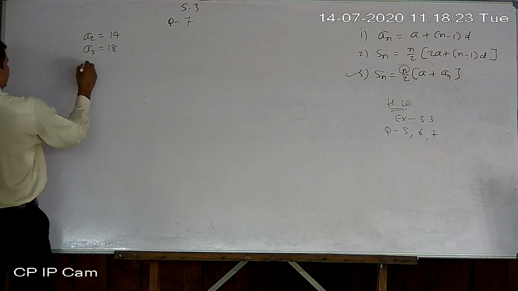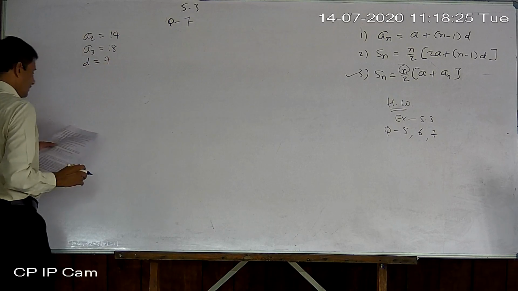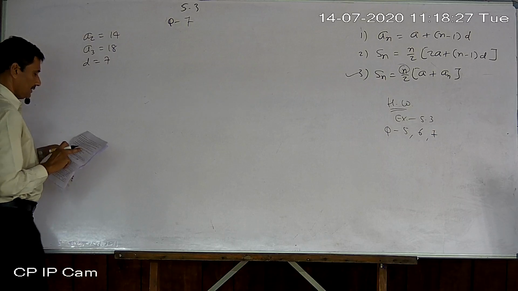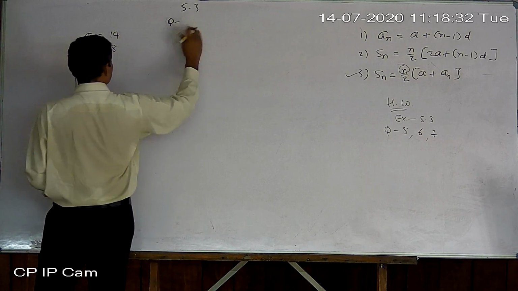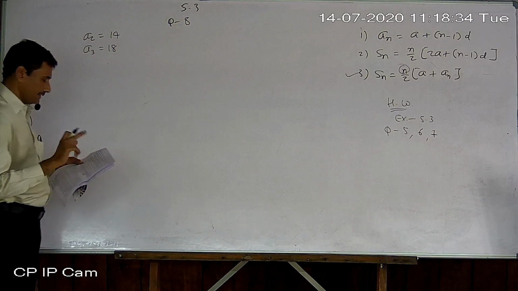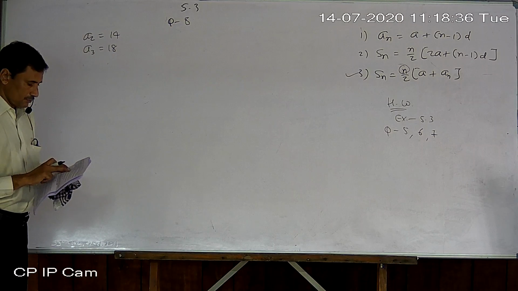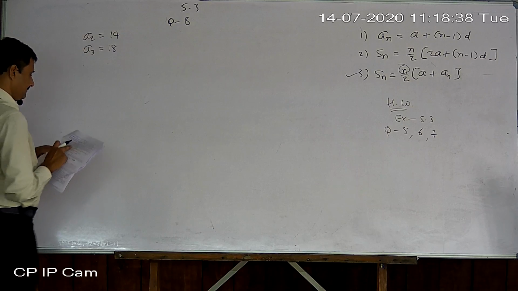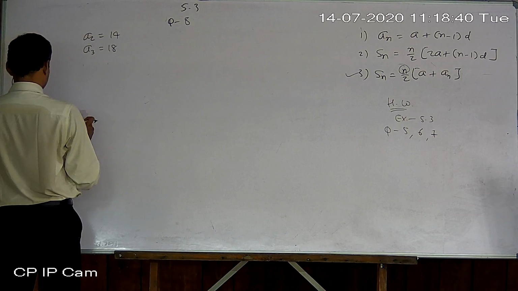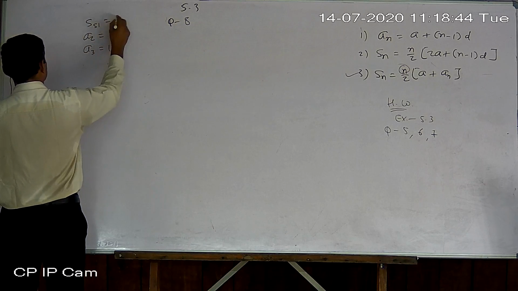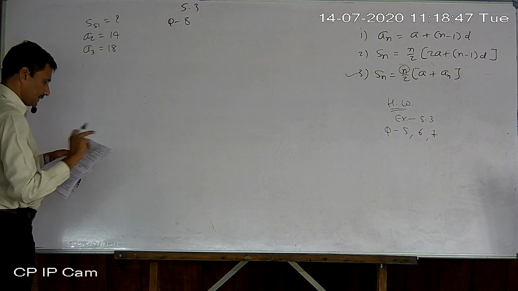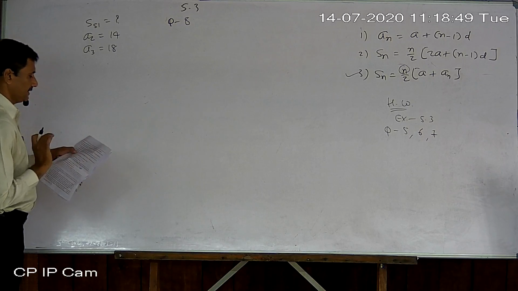Sorry, D is not given. I am talking about question 8 only. By mistake, I looked at number 7. So, the sum of 51 terms is asked, whose second and third terms are given respectively.